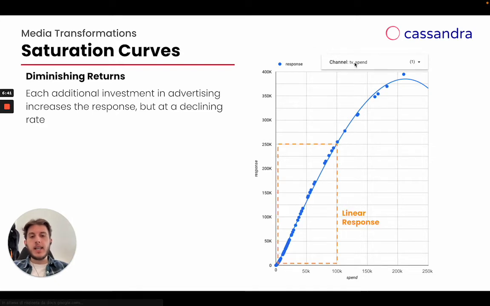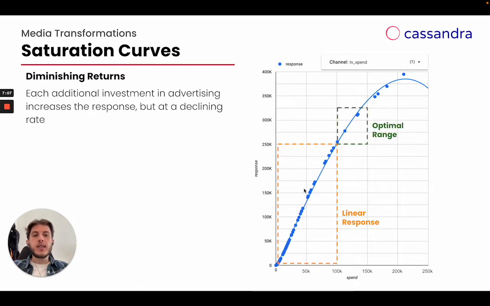And basically, as you can see, from 0 up to 100,000 euros spent on TV, we got a linear response. So each and every $50,000 we spend approximately drives us about $125,000 in response, okay? And that is linear because the first 50,000 is bringing that, another 50,000 is bringing that, okay?